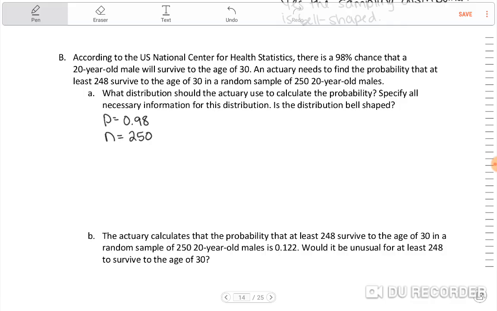And so the other thing is, we have two outcomes, fixed number of trials, independent, probability of success remains constant. Yeah, this is binomial. So we would use the binomial distribution here.